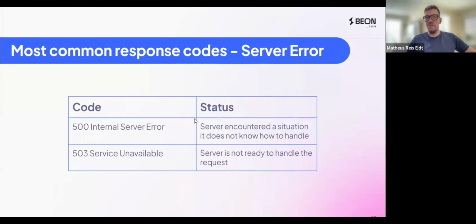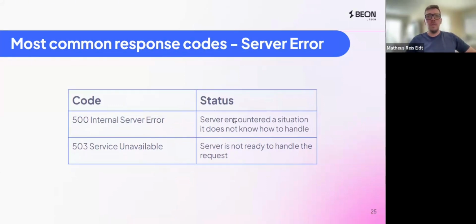For example, if you have an unhandled exception, this will be returned to the client, and it will not know how to handle this. We also have the 503 Service Unavailable. This is returned when the server is not ready to handle the request. For example, if our server is down, the client will receive this error code.